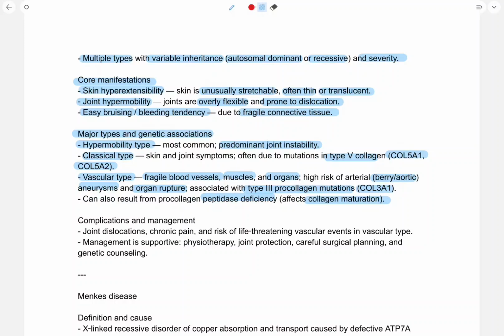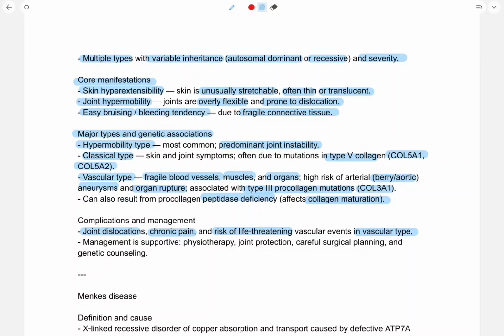Complications and management of Ehlers-Danlos syndrome: joint dislocations, chronic pain, and risk of life-threatening vascular events in the vascular type. The vascular type is more severe.